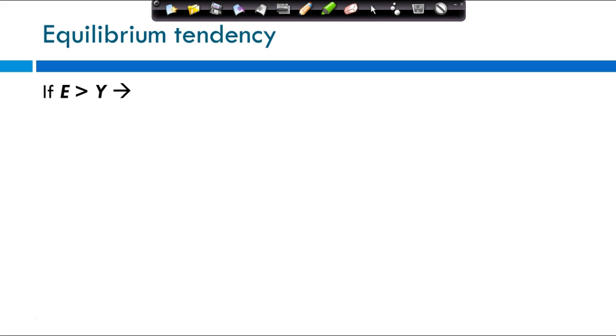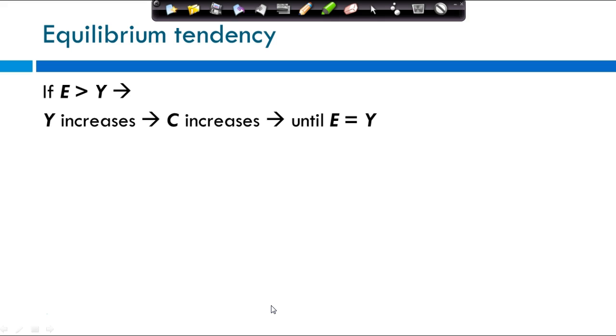Now, what will happen if that's the case? Firms will start to realize that their inventories or stocks, their warehouses basically, which have excess stock in them, will start to deplete. They'll realize that they haven't produced enough to satisfy the total demand in the economy. As a result, they will start to increase production.